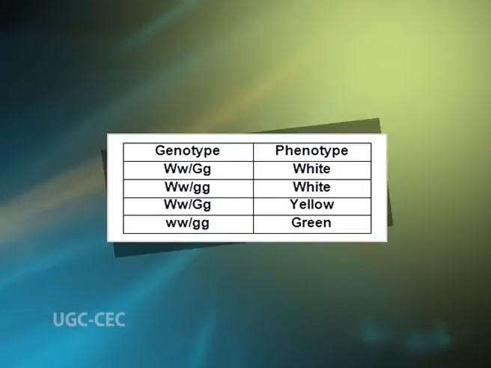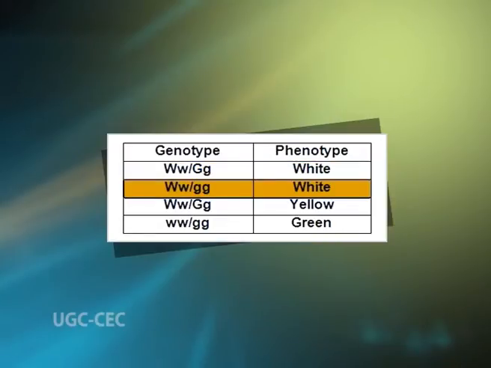In this table, the phenotypes and genotypes of different varieties of summer squashes are given. In the first column, it is the genotype. In the second column, the phenotype is given. If you examine the first row, the genotypic constitution is capital W, small w, capital G, small g. The phenotype is white.